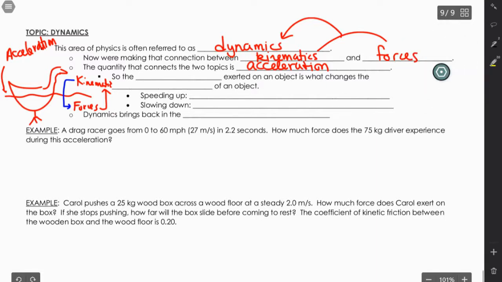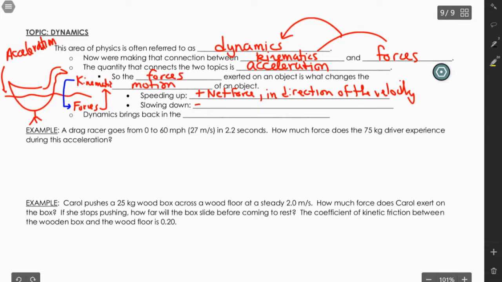So the forces exerted on an object is what changes the motion of an object, right? So when we speed up, we have a positive net force, right? Because it's in the direction of the velocity. Right?